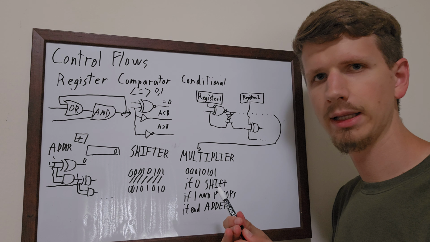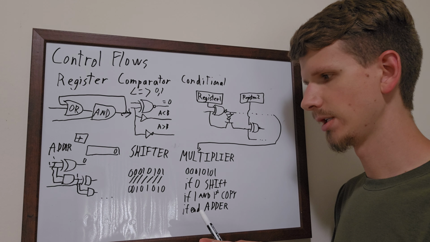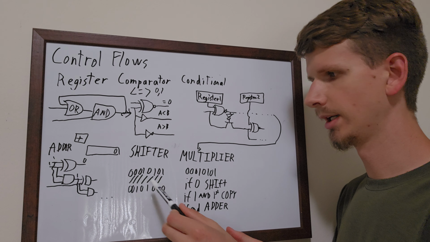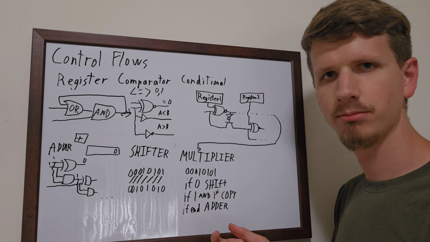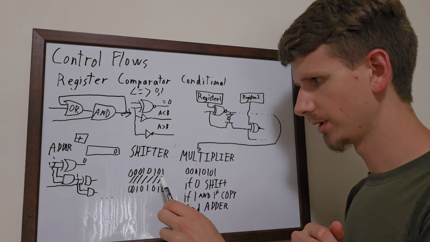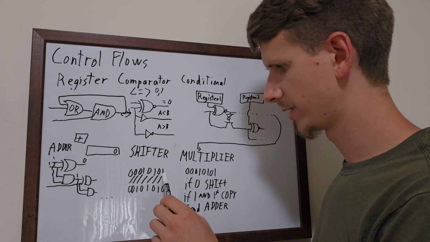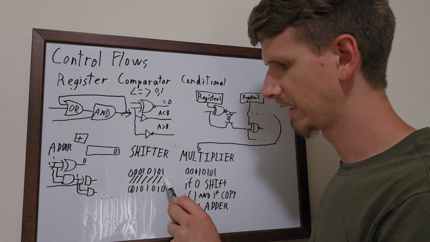Like if you're going to multiply a binary number by 2, 1, 0, then you just shift. So it's very important to be able to do the shifting. So you just wire diagonally.